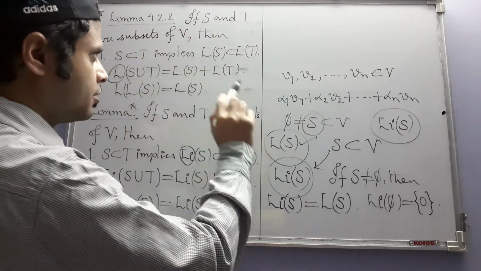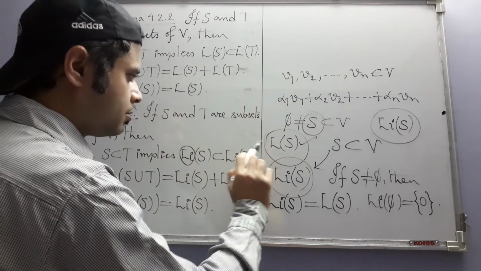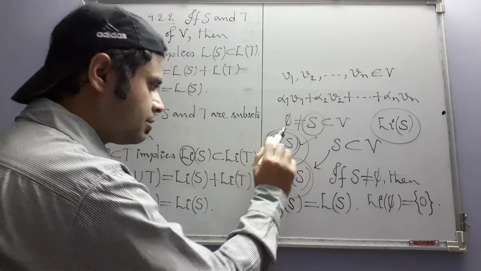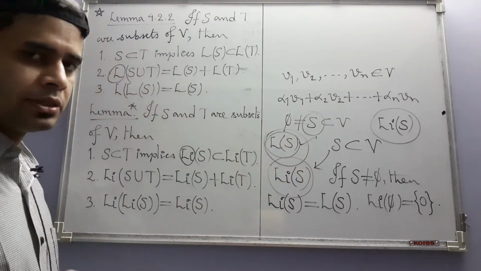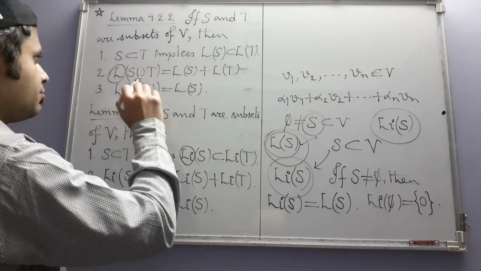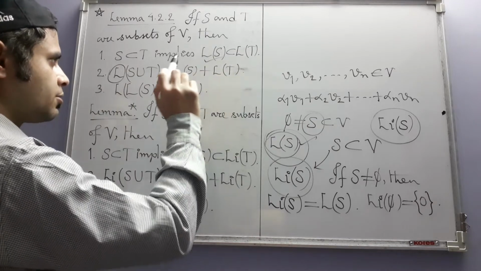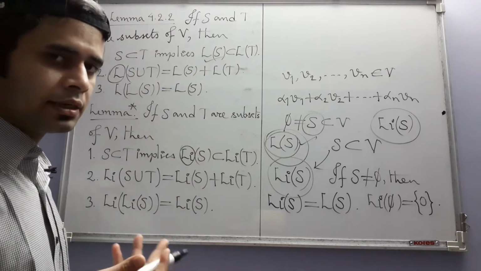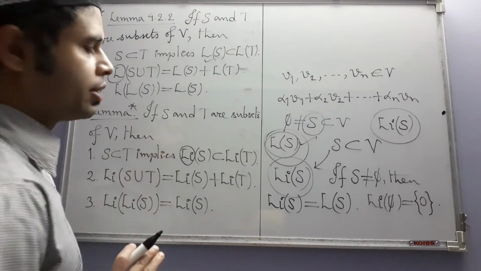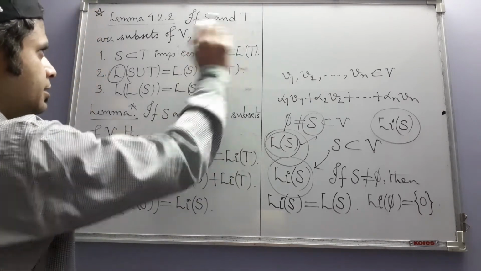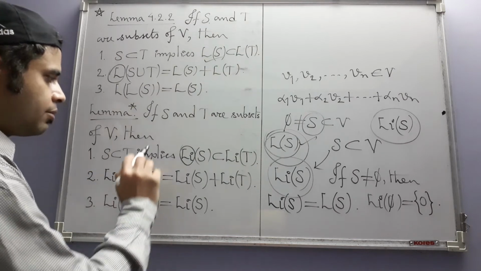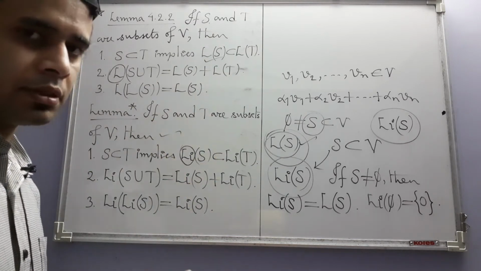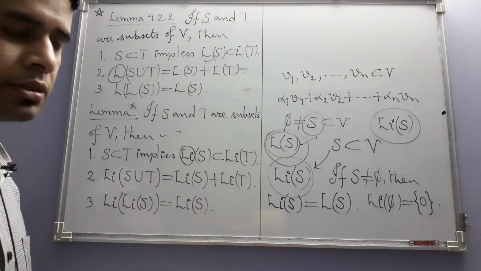That's because for the author, L of S is defined only for non-empty subsets. So wherever you see L of S, it's automatically assumed that the underlying sets of which we are taking linear span are non-empty. So here S and T are non-empty. Here, however, in our new lemma, S and T are any subsets. They are allowed to be empty also.